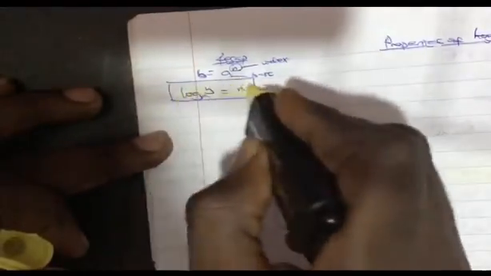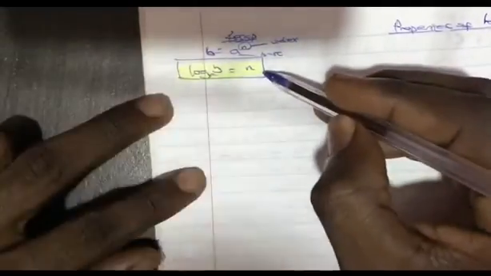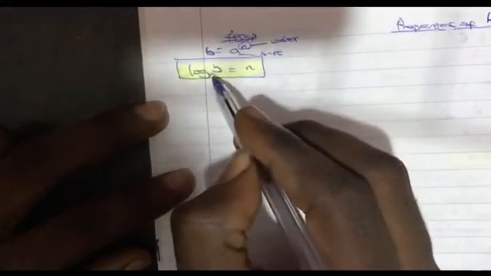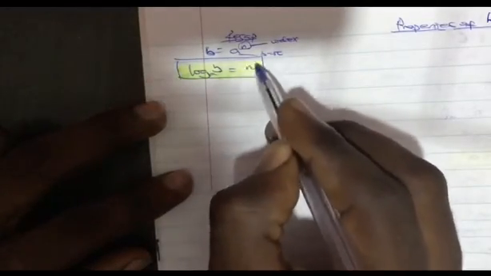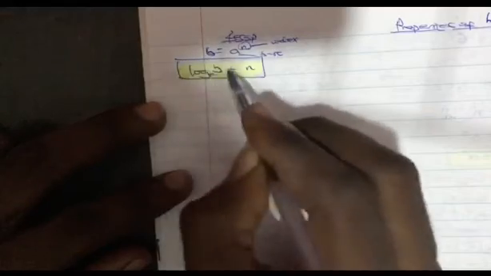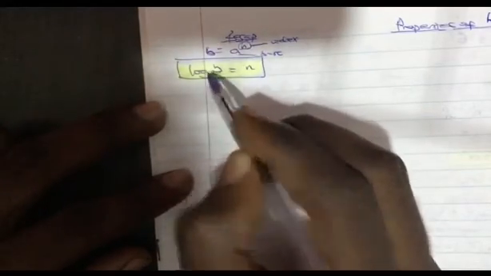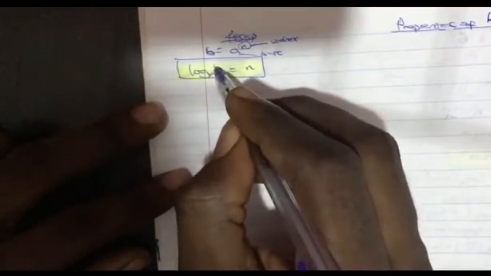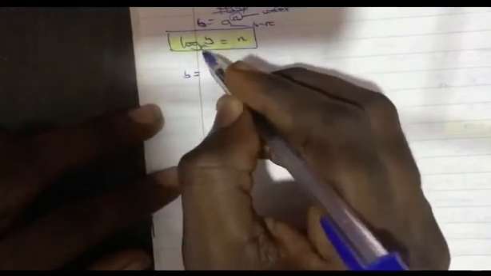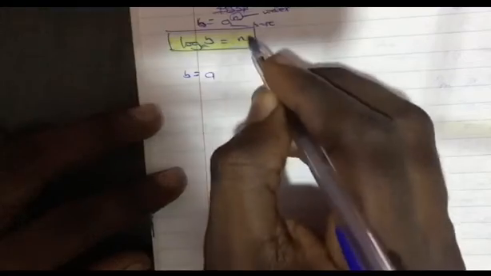Okay, let me highlight it for you. But what if you are given a logarithmic expression and you're supposed to express it in an exponential form? Then remember, in logarithm this becomes the index, this becomes the base. So this number b will be equal to the base and then the index.